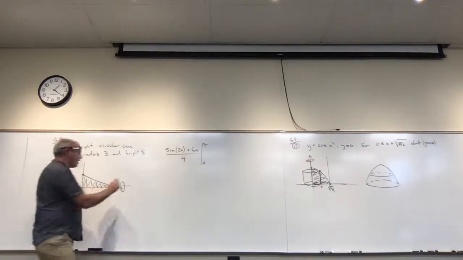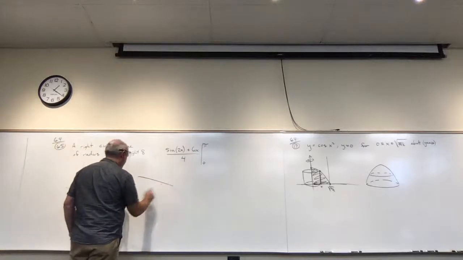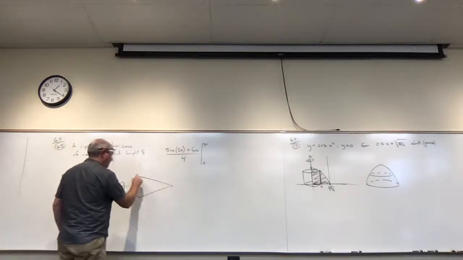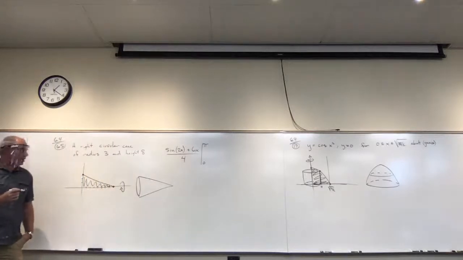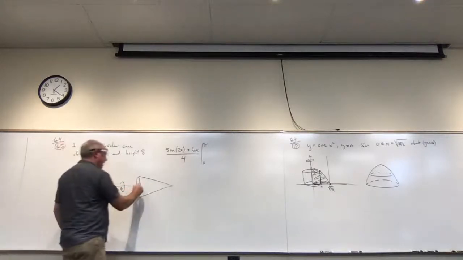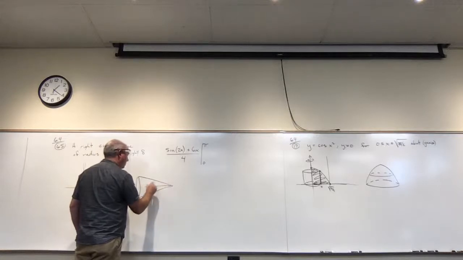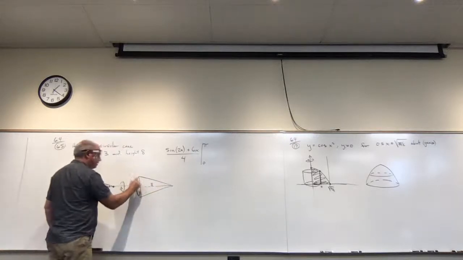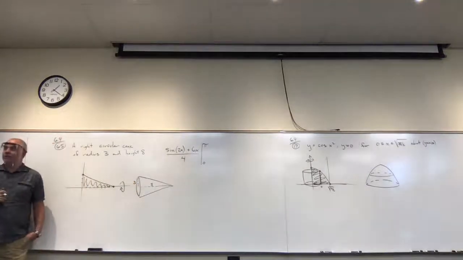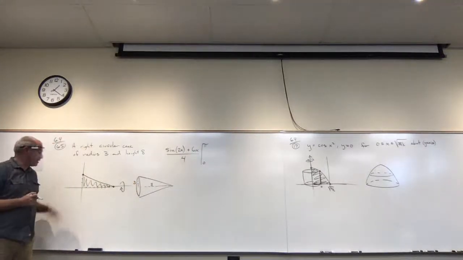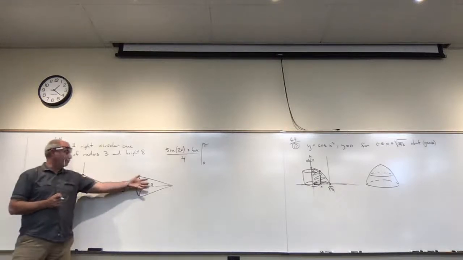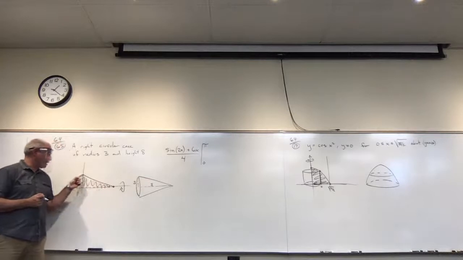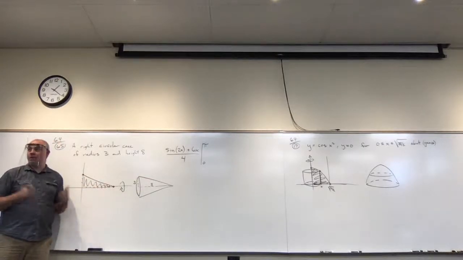Then what would come out would be a cone. Its height would be 8, and the radius would be 3. Okay, this is perfect. And so if I could just say, what's the volume of the shape generated by that triangle? Then I'm good to go.